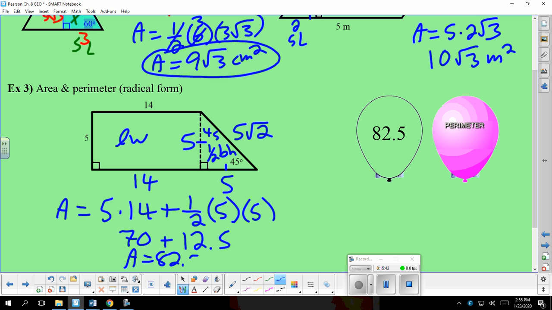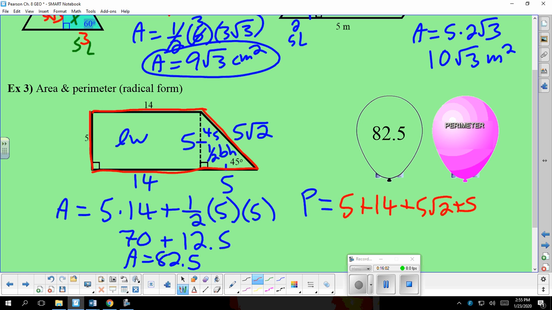Now my perimeter, adding these up as I go around: 5 plus 14 plus 5 root 2 plus 5 plus 14.